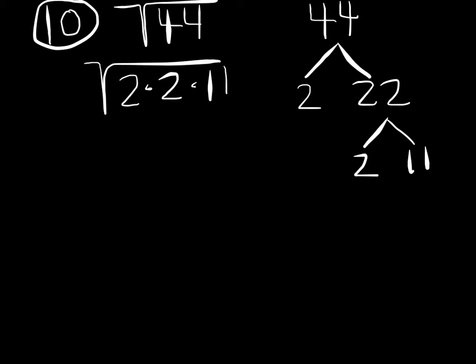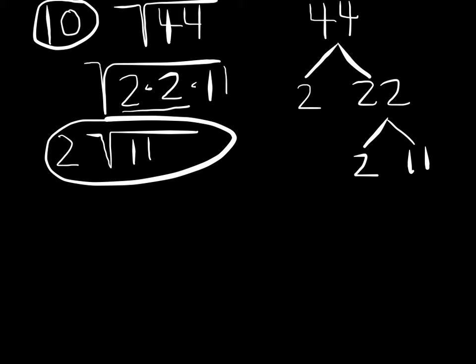Well, 2 times 2 makes 4, and we know the square root of 4 is 2, so you can bring one of those 2's outside of the radical, and it's 2 times the square root of 11. And that's how they want you to leave the answer. You don't want to multiply that or anything. The answer is 2 times the square root of 11. So if you have 2 factors that are the same, you bring one of them outside the radical.